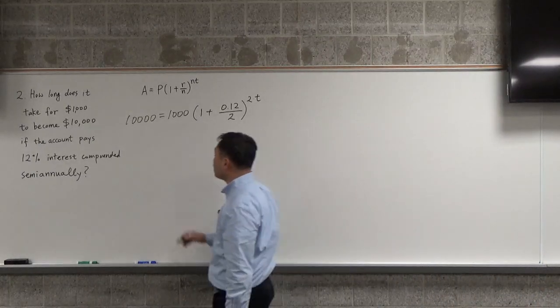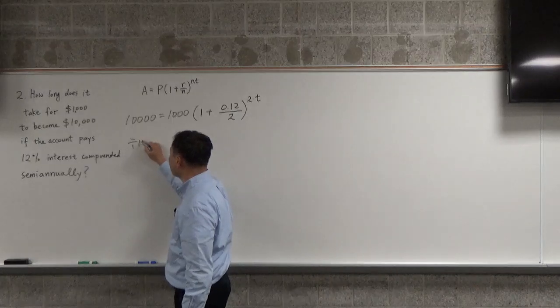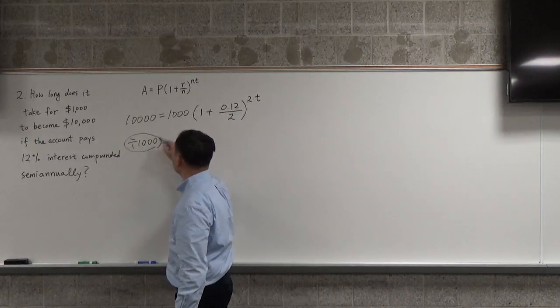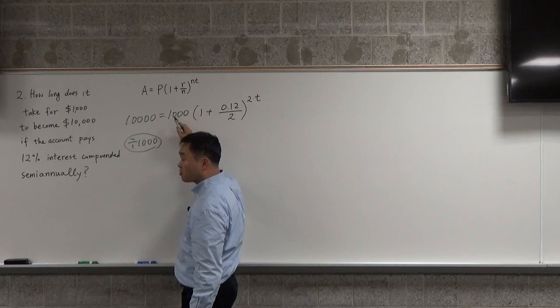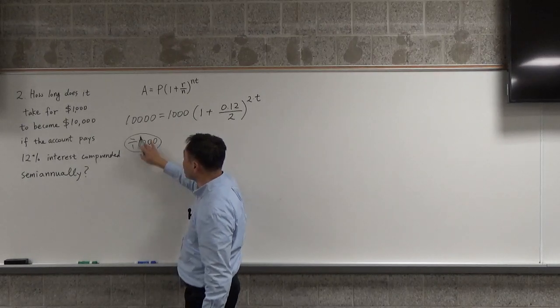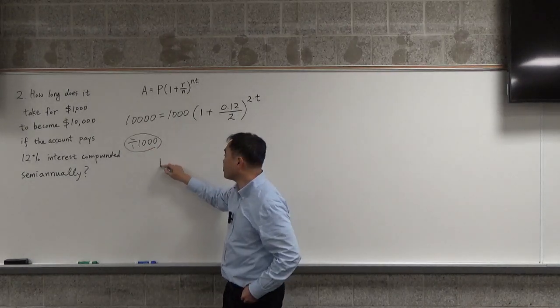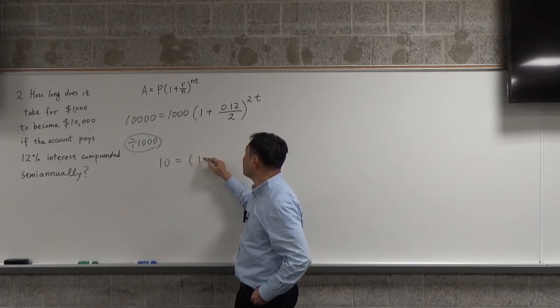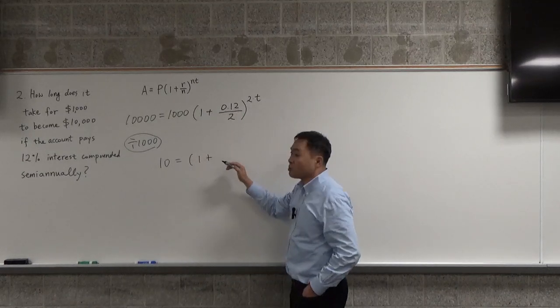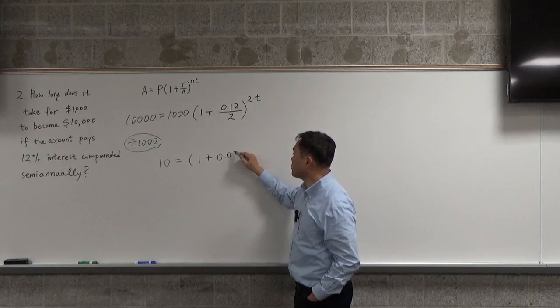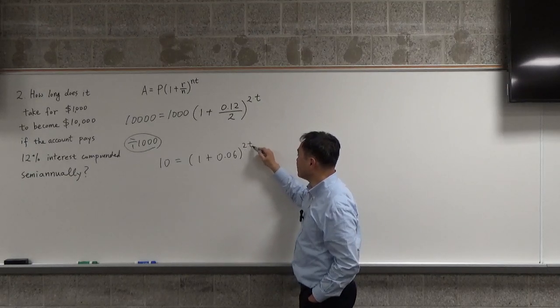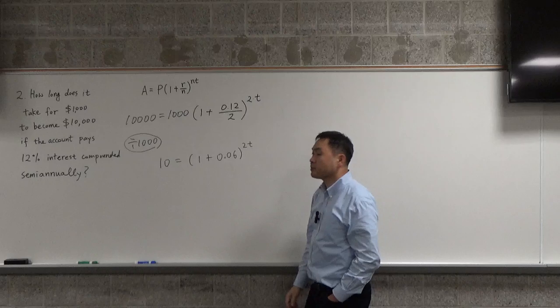Let's solve this equation by dividing both sides by 1,000, which cancels the 1,000 on the right side. What's 10,000 divided by 1,000? 10. So you have 10 equals (1 plus 0.12 divided by 2, which is 0.06) to the power of 2t.